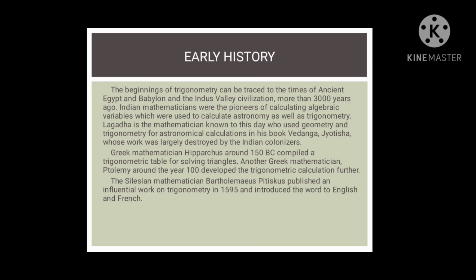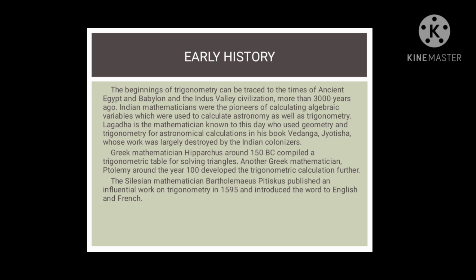Early history. The beginnings of trigonometry can be traced to the times of ancient Egypt, Babylon and the Indus Valley civilization more than 3,000 years ago. Indian mathematicians were the pioneers of calculating algebra variables, which were used to calculate astronomy as well as trigonometry.